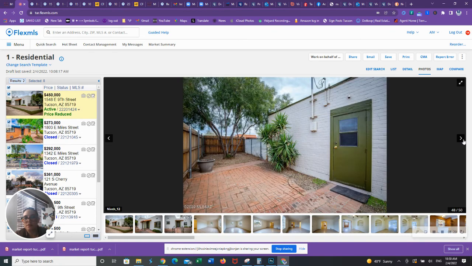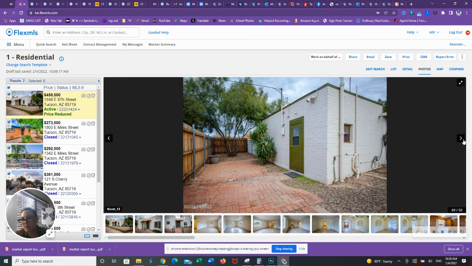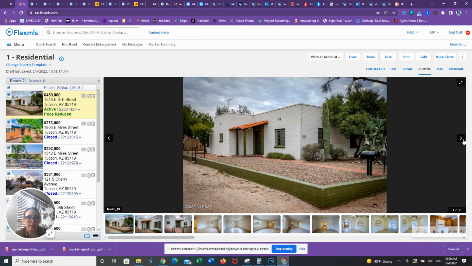I'm not sure if it's a great deal. I still need to dig a little bit further, because this basically stops being a single family residence and becomes a multi property. So, I'm actually pulling comparables from single family residences.